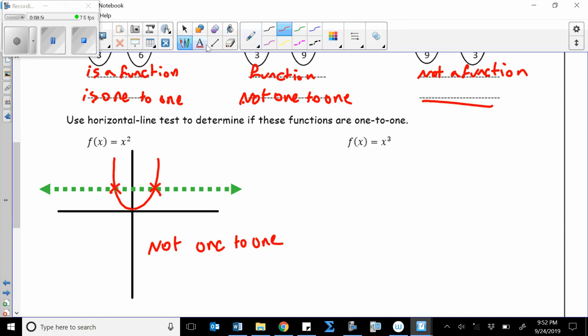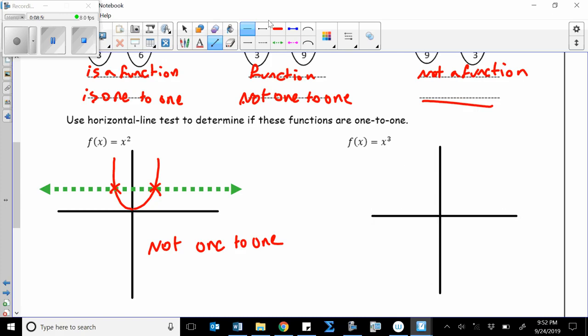Now let's graph the other function, y equal to x to the power of 3. The graph of x cubed looks like this. It's something like this. Now I'm going to use the horizontal line test.